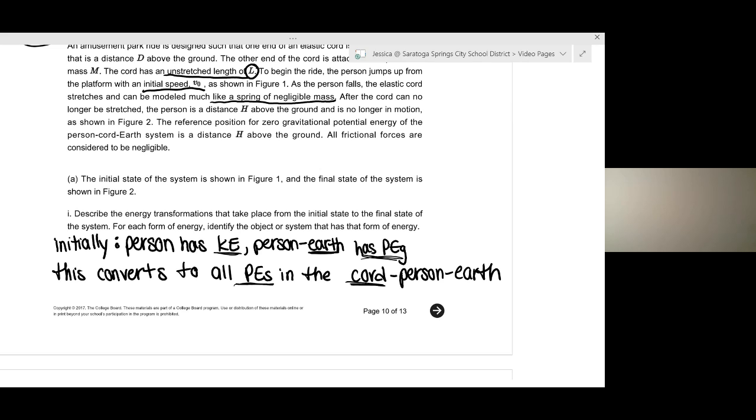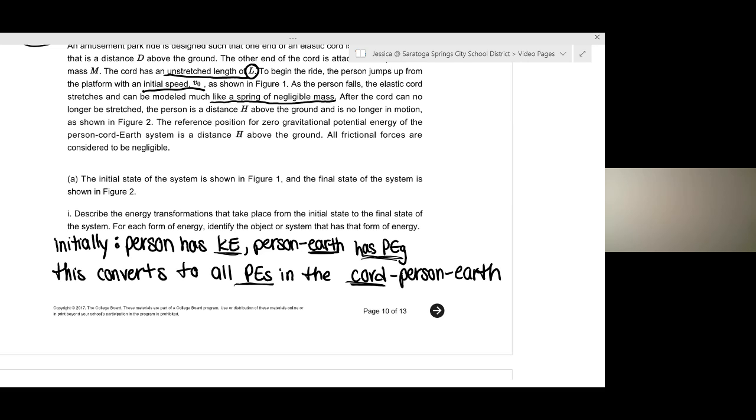So it's a tricky question in the sense that you have to think about all the different types of systems. So again, we're converting kinetic energy in the person and gravitational potential energy in the person-Earth system, and then that converts to spring potential energy.